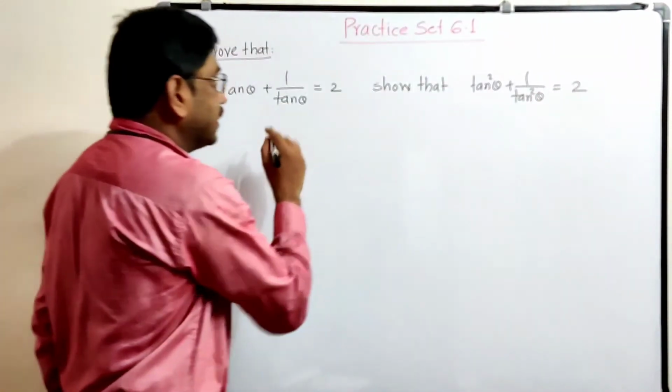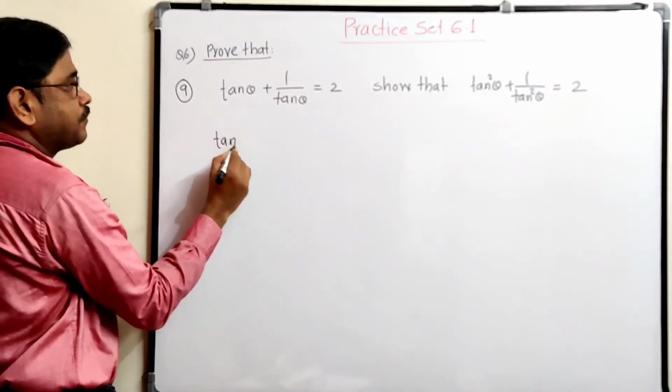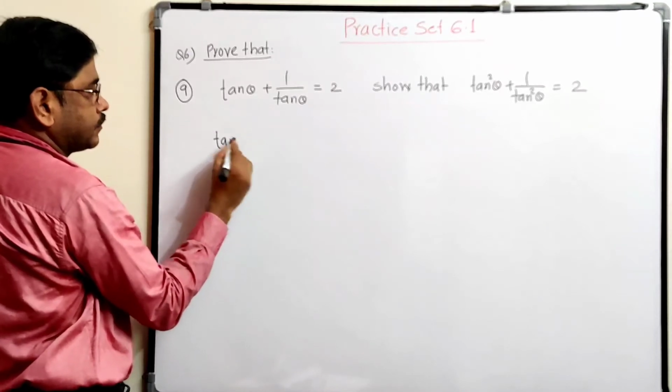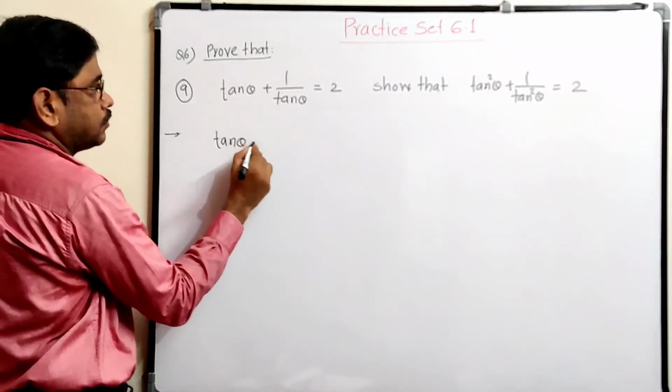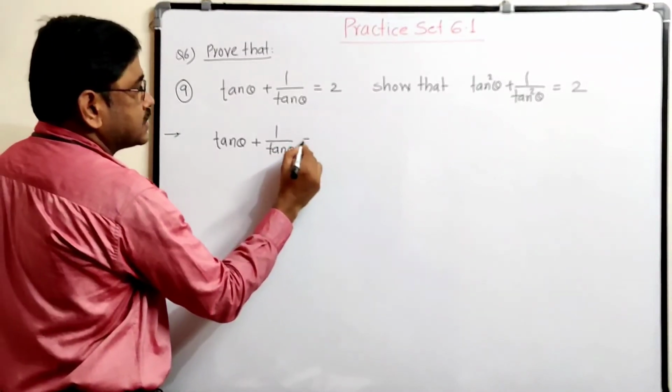This we have to prove. So consider this one, given: tan theta plus 1 upon tan theta is equal to 2.